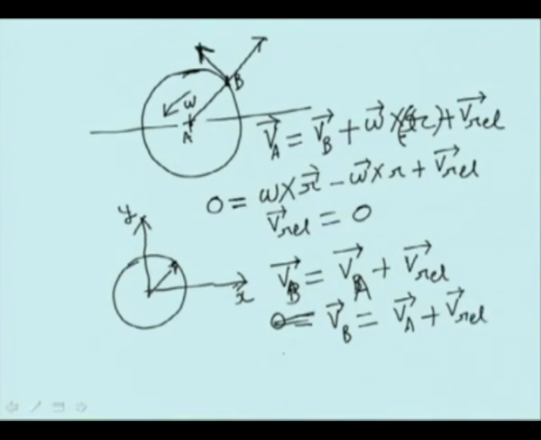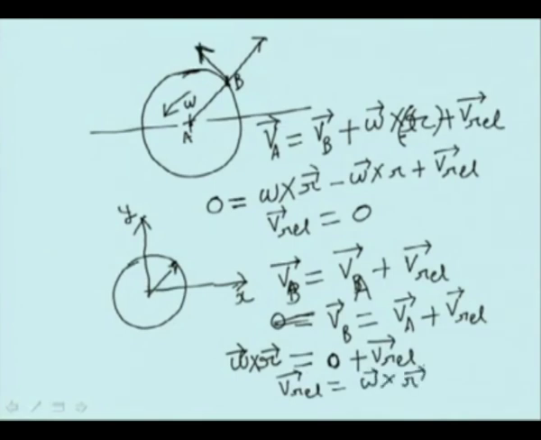VB is known as omega cross r, tangential direction. We can write in vector form omega cross r is equal to VA, that is 0, plus VL. So, the relative velocity comes out to be omega cross r.